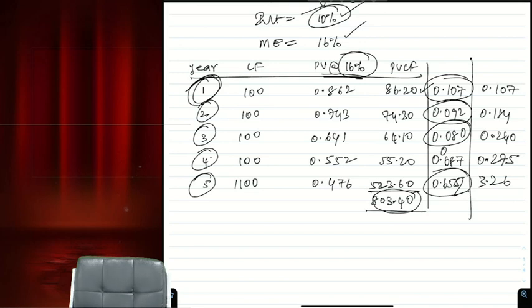Then how can you tell that your 803 is blocked for the full 5 years? In this 803.4, 74.3 is blocked in the market only for 2 years. That's why this proportion into 2. Clear or not, everyone? Like that, all these, if you add, it will be less than 5.